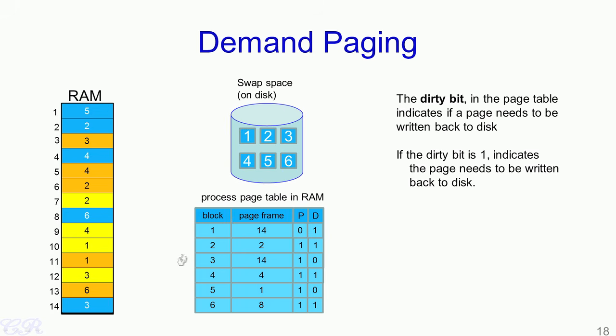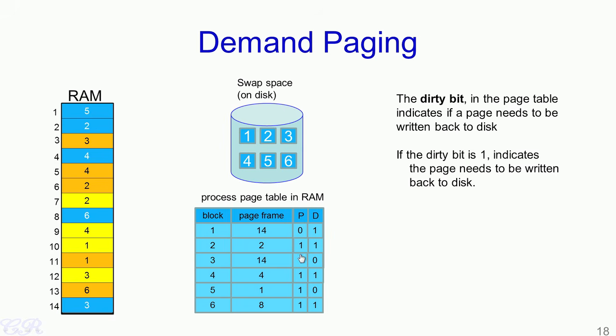So, how will the operating system know whether a swap out is required or not? This is done by an additional bit present in the page table, known as the D bit or the dirty bit. The dirty bit indicates whether the contents of a block in the RAM have been modified with respect to its contents in the disk or in the swap space.